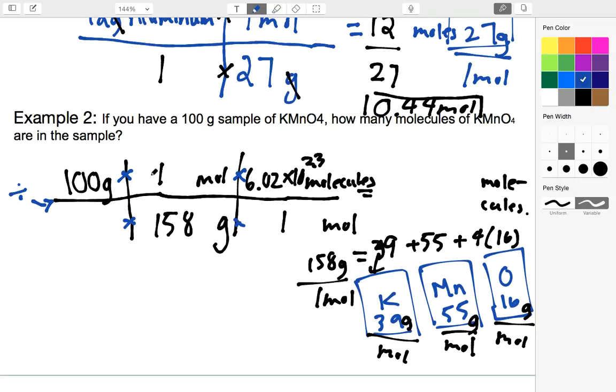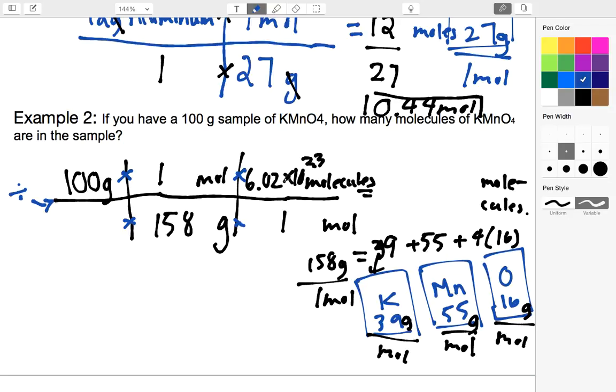So I'm multiplying straight across the top for my numerator, and multiplying straight across the bottom for my denominator. So 100 times 1 times 6.02 times 10 to the 23rd.